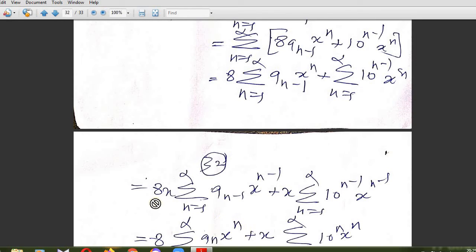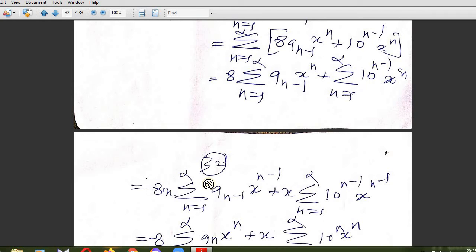Now 8 times summation n from 1 to infinity a_(n-1). This x^n we can write as x power n-1 times x. Am I correct? x^n can be written as x power n-1 into x. We can write like that. So that is what we are substituting here. That x to the power 1 is brought before.